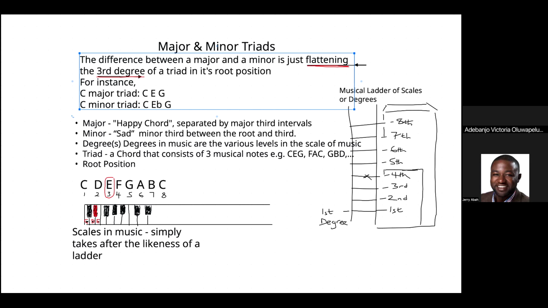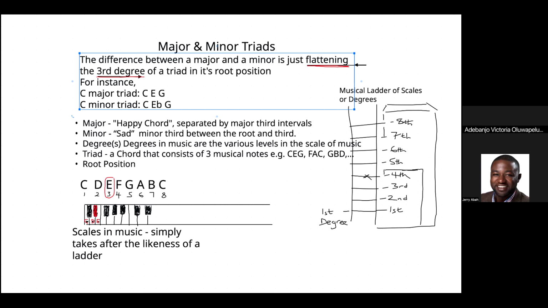But if it is a small m, you see it written as C small m and 7.